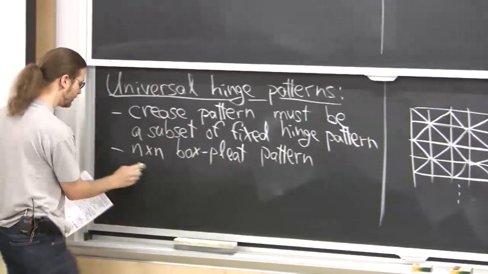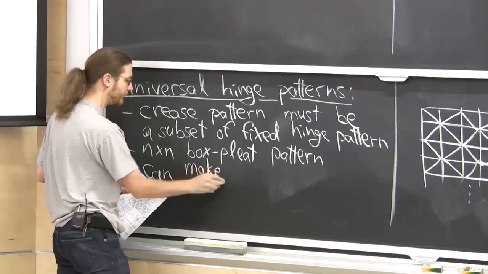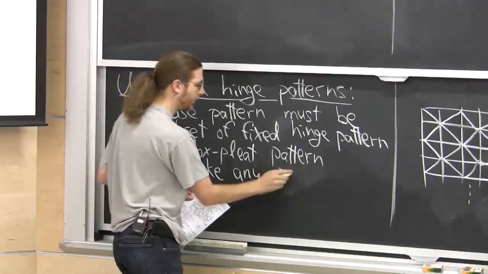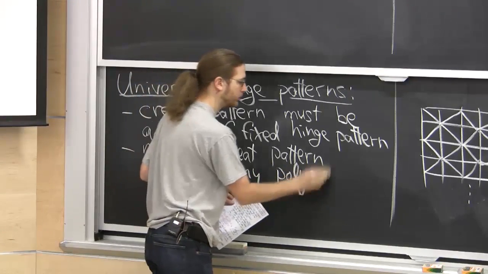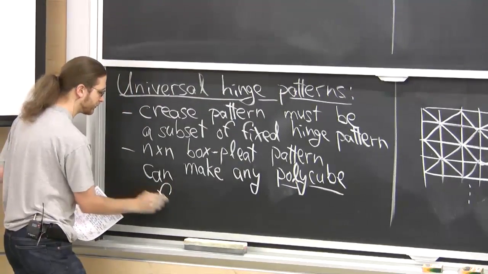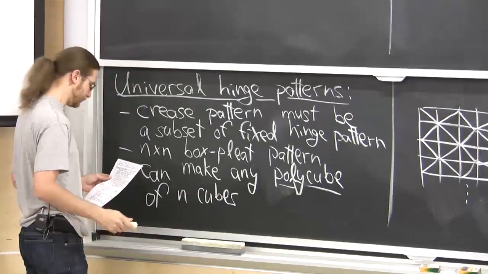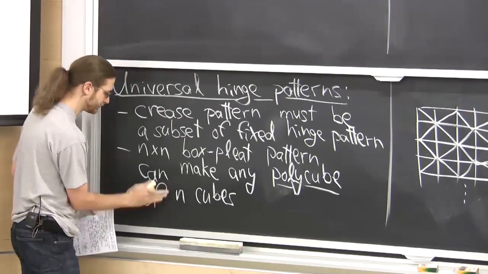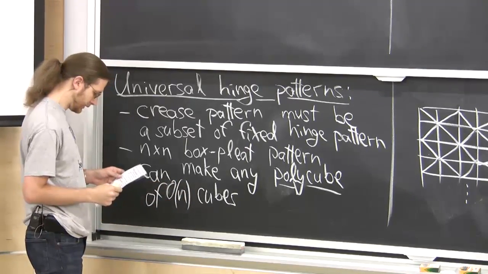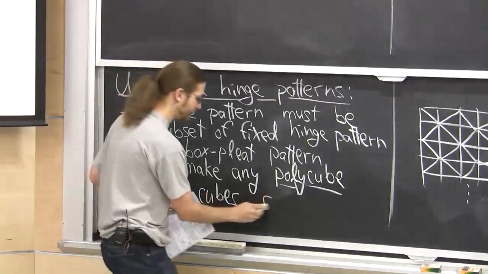Then that hinge pattern can make, by using a subset of those creases, any polycube of order n cubes. And what else? You can even do it seamless.